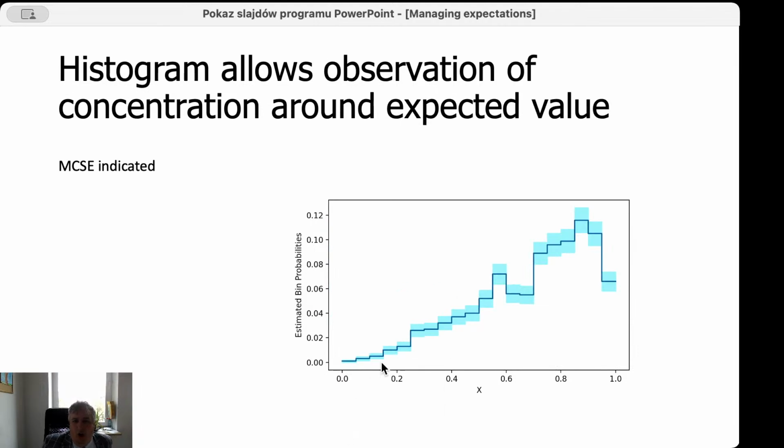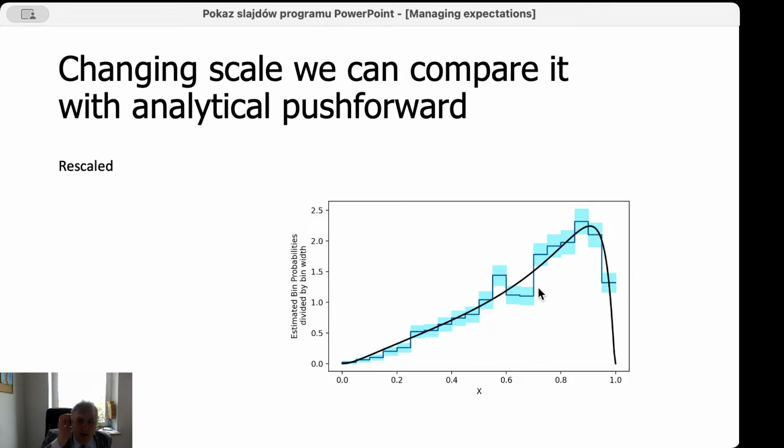And observing this shows us the concentration again around the expected value. And if we change the scale to the appropriate normalization, we can compare it with the actual analytical push-forward of the normal distribution with the logistic function that we used.